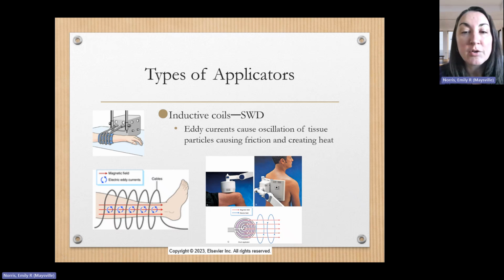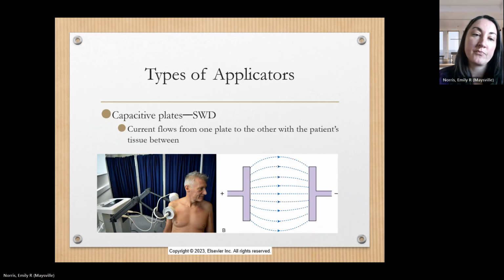So they use eddy currents. Remember, eddy means causing waves, causing circular movements of materials, and so it causes oscillating circular movements of tissue particles, and it causes friction, which creates heat. So kind of like with a whirlpool or something like that, causing that inductive heating pattern.